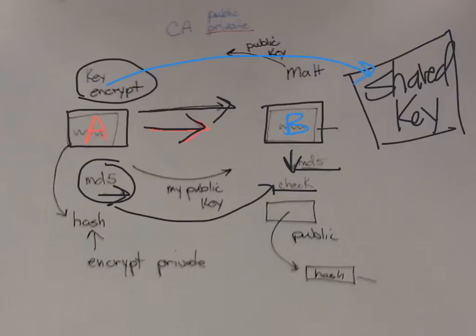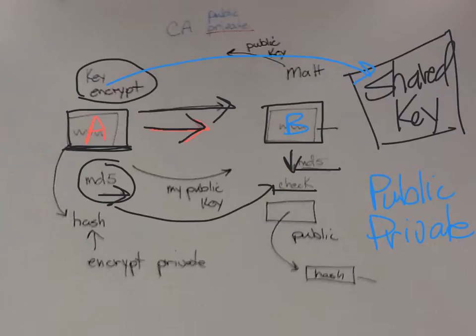So we could use a public private key pair. Okay, there's a couple different ways you could do that. And I have a number of different ways that was done here, but you can take the message.